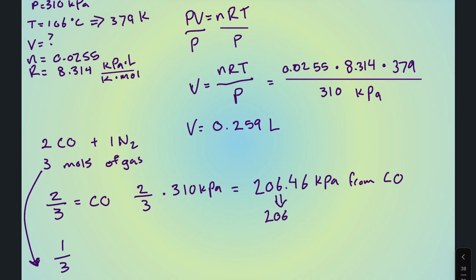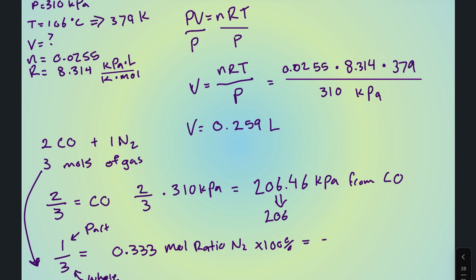So it's just 1 divided by 3, the part divided by the whole, which gives us a mole ratio of 0.333 of N2, which, if we multiply that by 100%, we end up getting 33.3% N2.